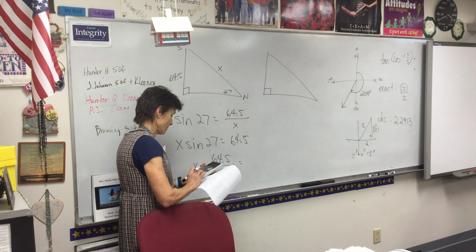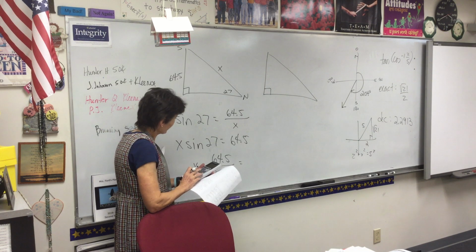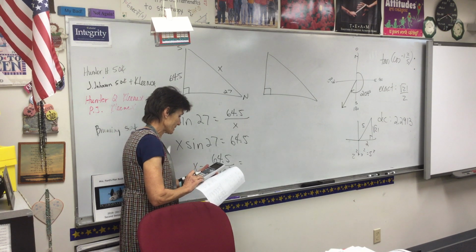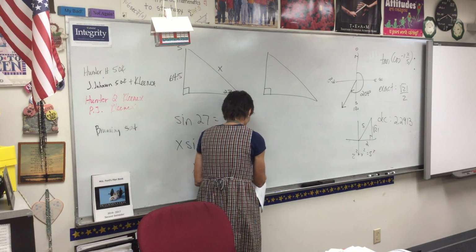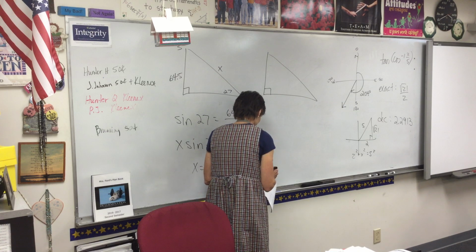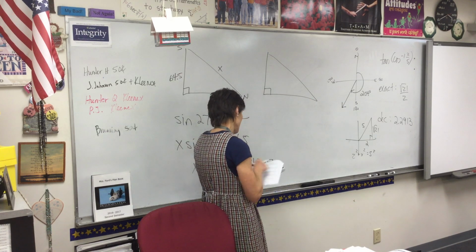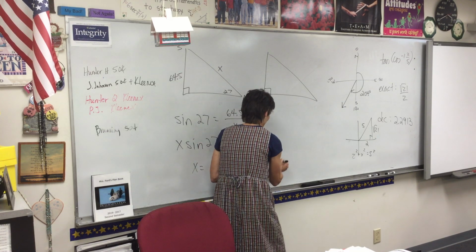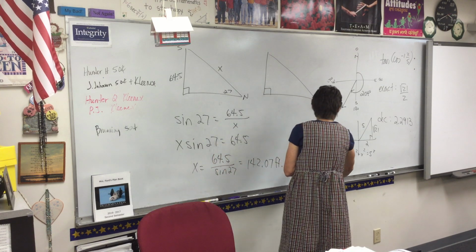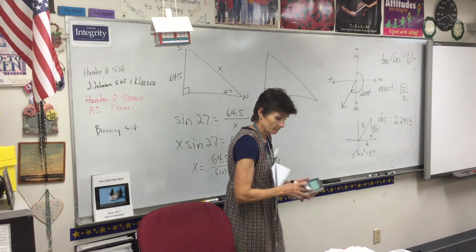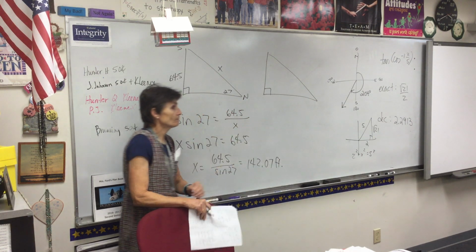So 64.5 divided by sine 27. I got 142.37. And that would be feet. Anyone have a question there?